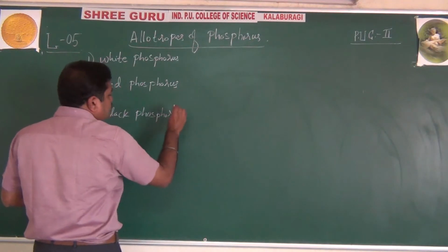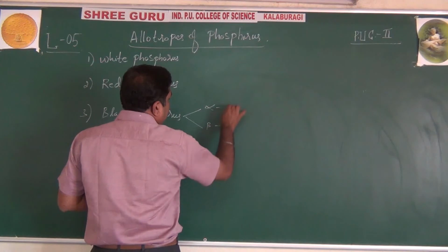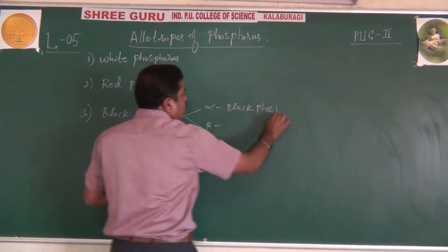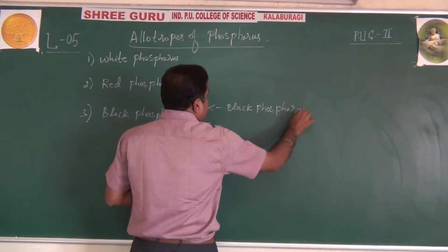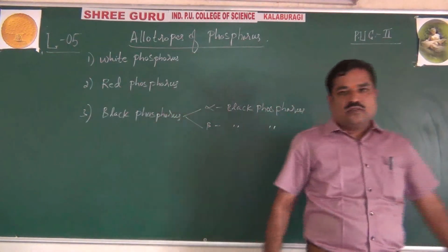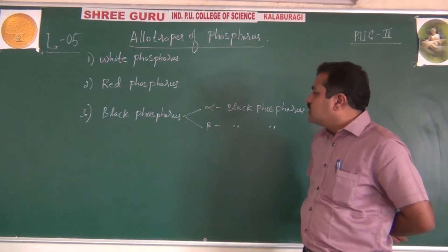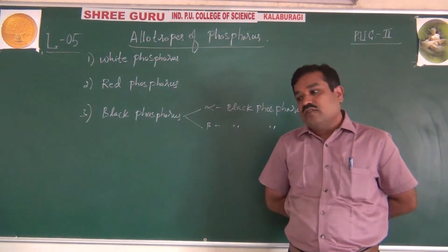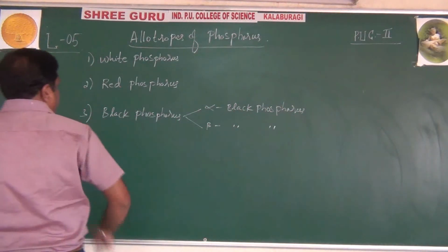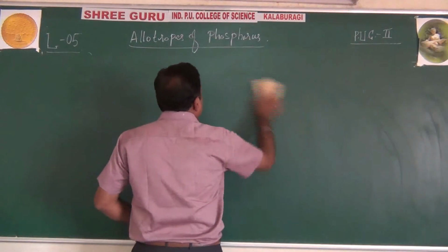In black phosphorus we have 2 varieties, alpha black phosphorus and beta black phosphorus. Now let's give the structural features of white phosphorus, red phosphorus, and alpha and beta black phosphorus one by one. First I will compare white and red phosphorus.